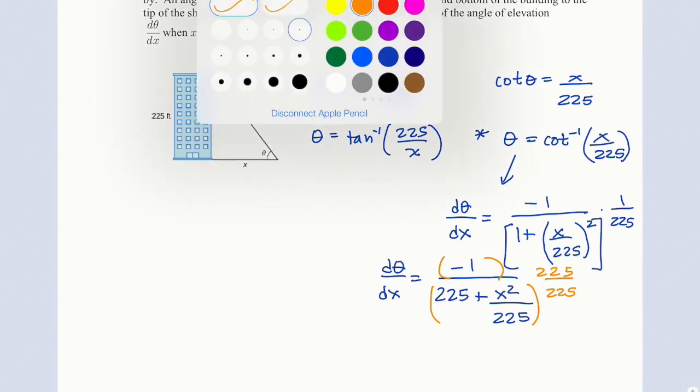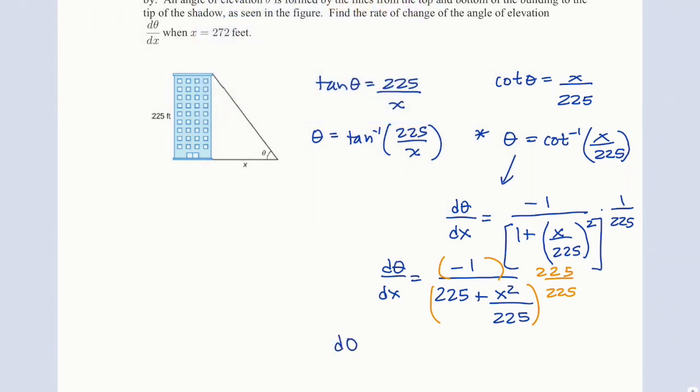And so I'll have d theta dx is negative 225 over 225 squared plus x squared. So that's d theta dx, and then we want this when x is 272.